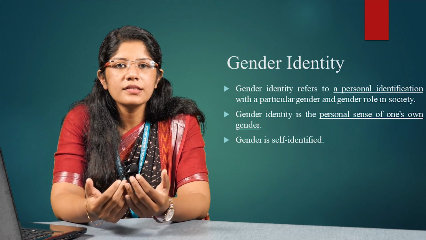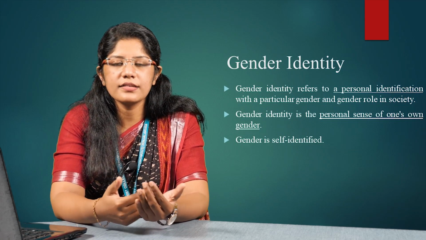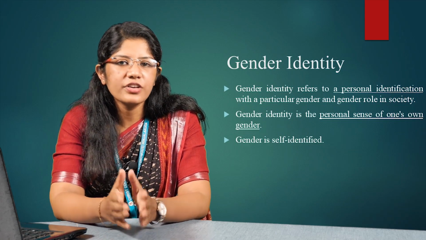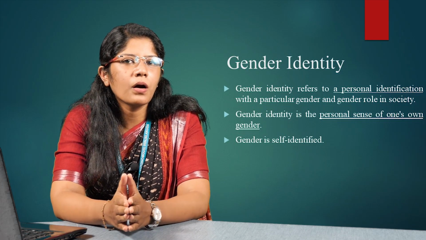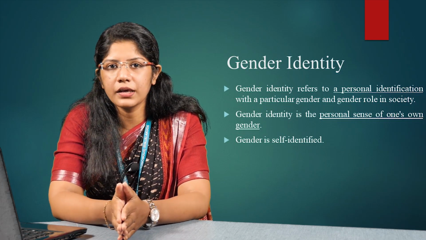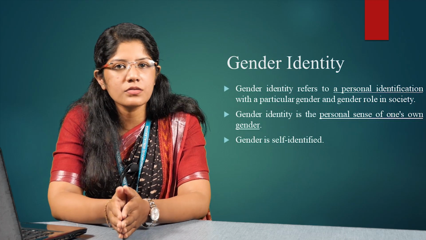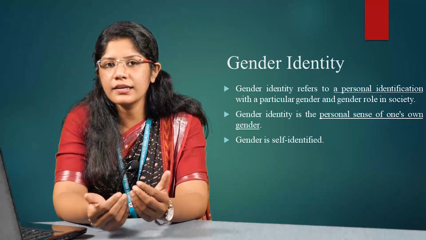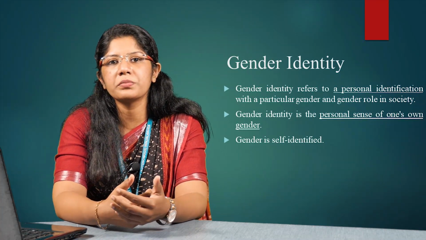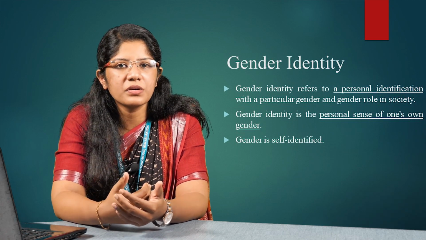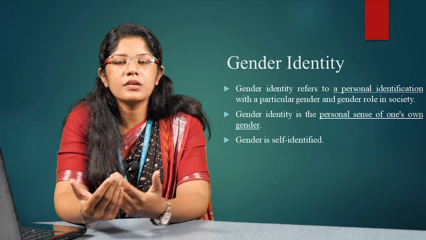So gender role is the expectation about how a person should behave or act in society, whereas gender identity is the self-identification of a person, or the awareness of a person about his gender.